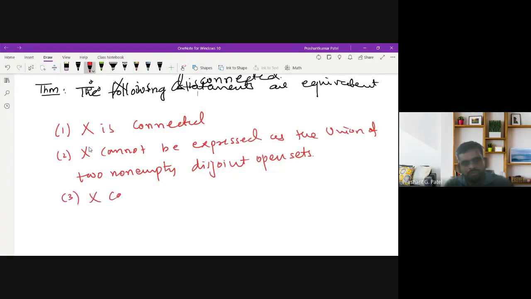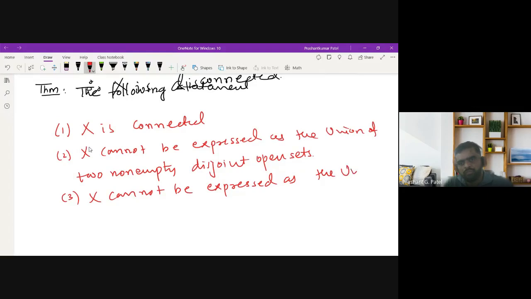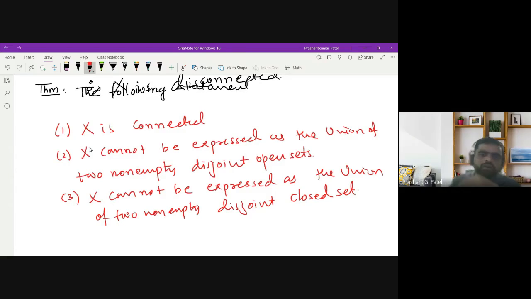Third one: X cannot be expressed as the union of two non-empty disjoint closed sets. So these are the equivalent statements that we can say by writing the negation.